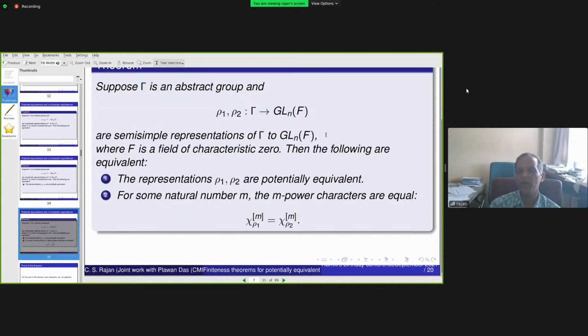Of course, if m equals 1, it is well known that the representations are equivalent if and only if the characters are equal. So this is in a sense generalizing it to potential equivalence.